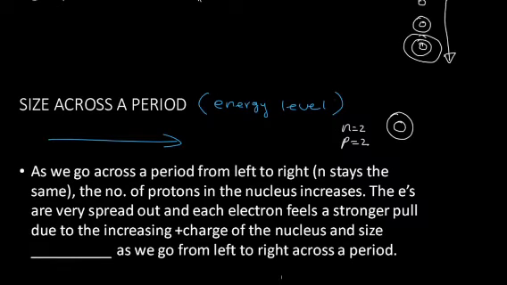What happens as we move across is an increase in the nuclear charge, an increase in the number of protons in an element. Because of this, there is increased electrostatic attraction between the nucleus and the outermost electrons.